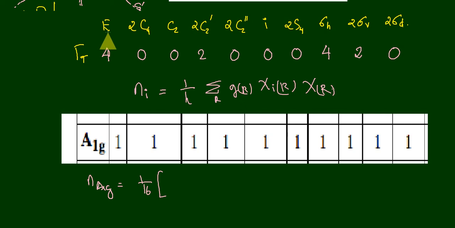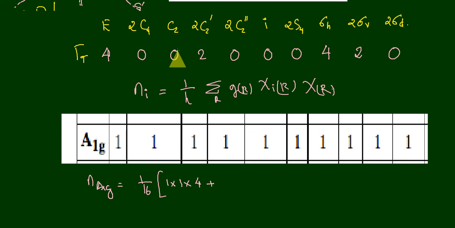So let me take E. In the case of E, gr is equal to 1. So I can write 1 into the first character, which is 1, into chi_r, which in this case is equal to 4. So 1 into 1 into 4 is equal to 4, plus, the next one I can neglect because chi_r in the next case is 0, and the other one is also 0.